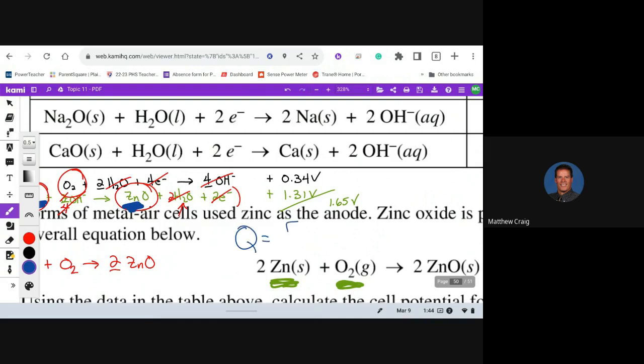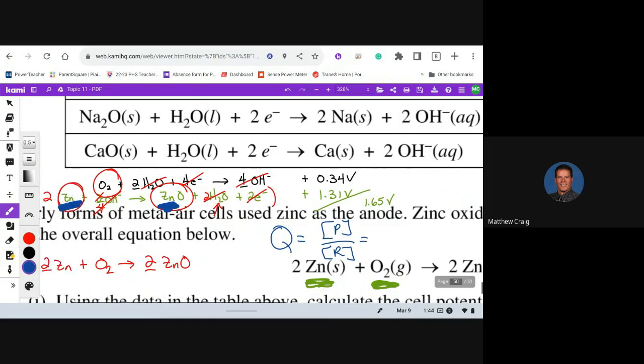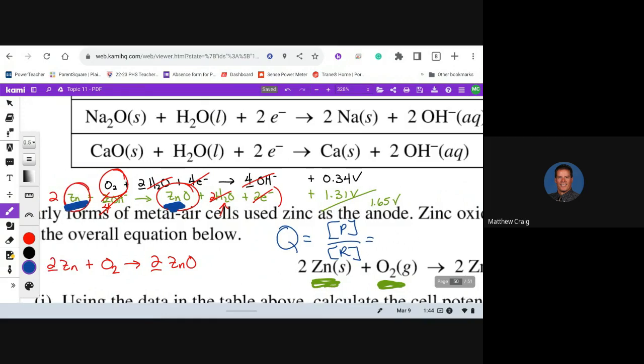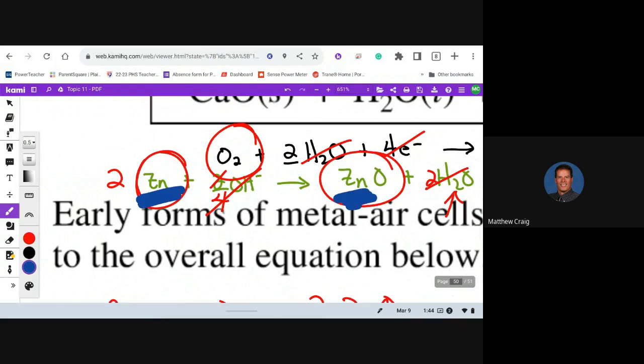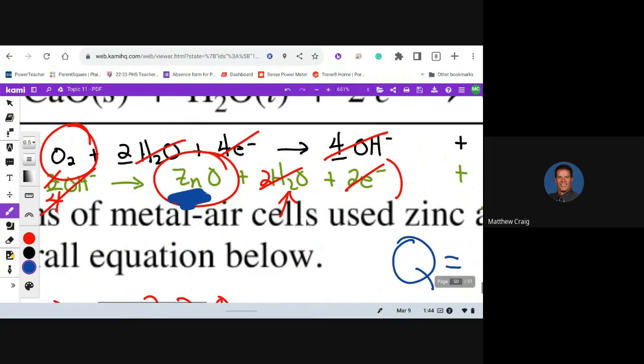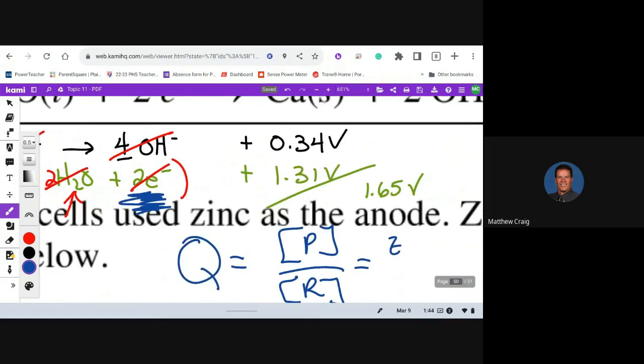So it's products. I'm hearing products over reactants. So what would my product be that we care about? Well, okay. What happened with the zinc here? Is it oxidized, reduced? It's oxidized, so we do have zinc plus 2, but we don't care about that.